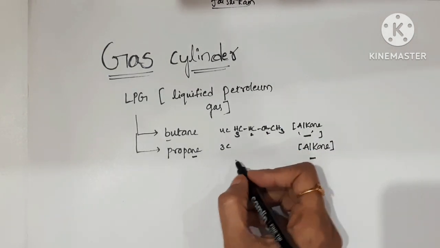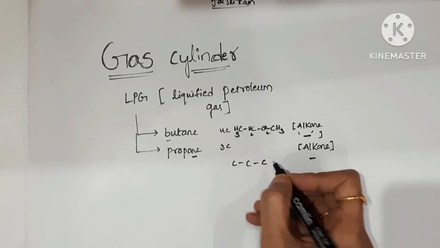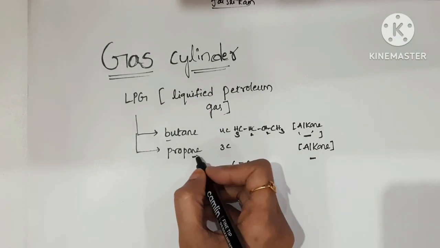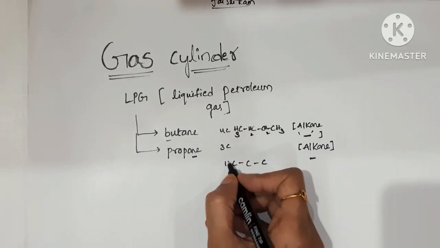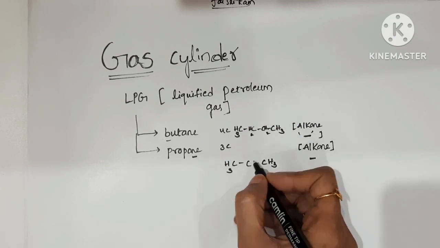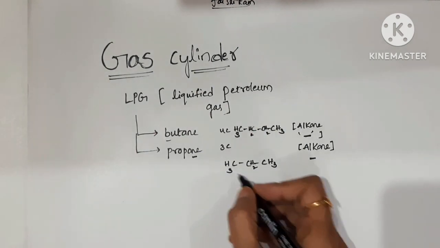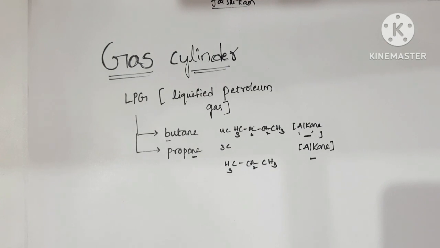Propane, propa means 3 carbons, and ane means alkane, single bonds between carbon atoms. Here CH3, CH3, CH2. This is the chemical formula of propane and this is the chemical formula of butane.